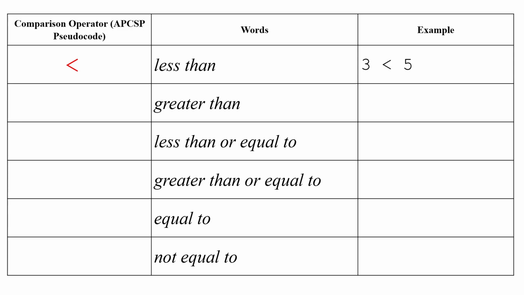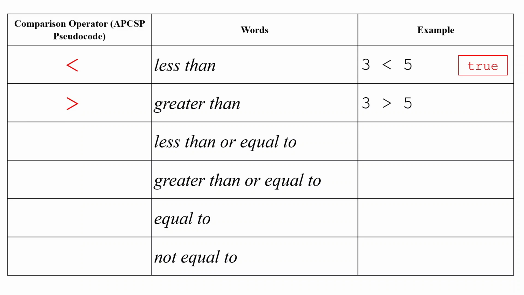Now in our programming language, we use a comparison operator to ask a question. The question in this example being, is 3 less than 5? And it's going to result in a true or false. So I ask you the question, is 3 less than 5? That is true. So this comparison operator results in a Boolean expression of true.